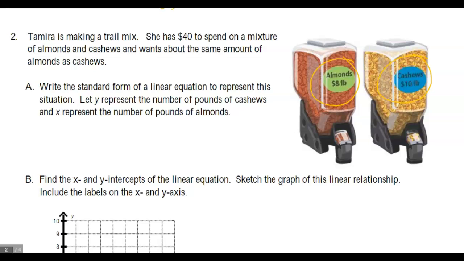So standard formula, x equal number of pounds of almonds, y is the amount of cashews. So y is cashews. So this is our y. Our x is almonds. So what we have here is we have 8x plus 10y equals the $40 that they gave up here.